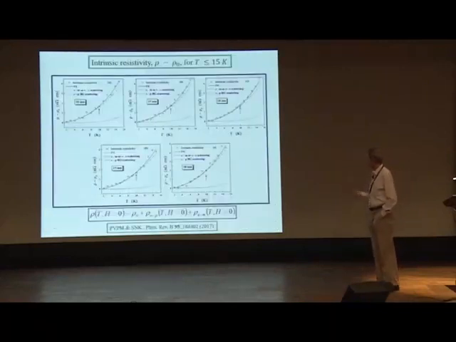Now here, as I said, we are trying to fit the intrinsic resistivity. We remove the residual resistivity from the measured resistivity and then try to fit it with different expressions.